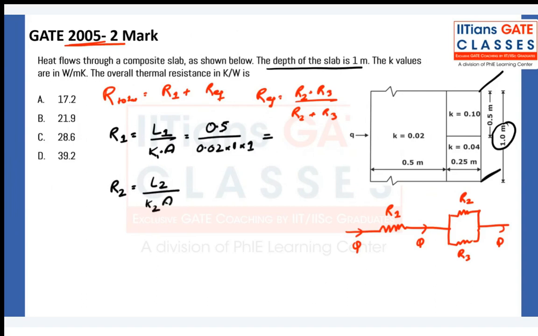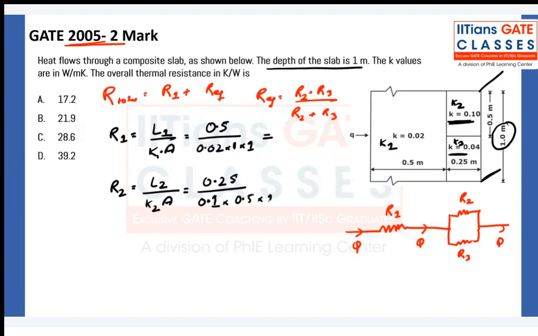L2 is 0.25, K2 is 0.1, and its area is 0.5 into 1.